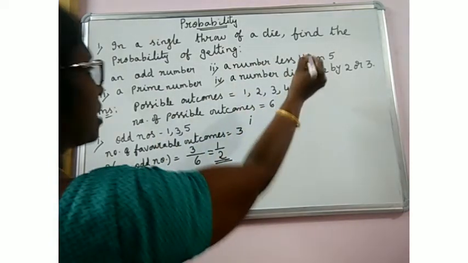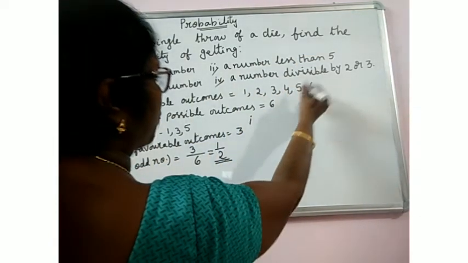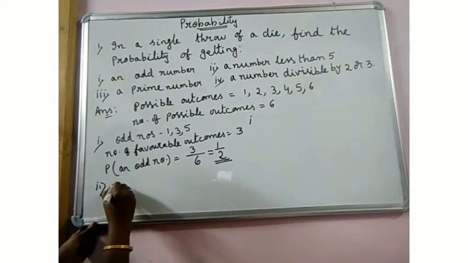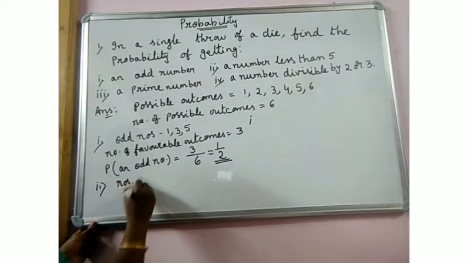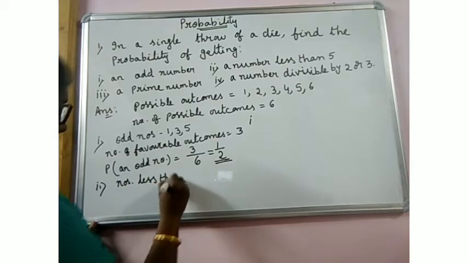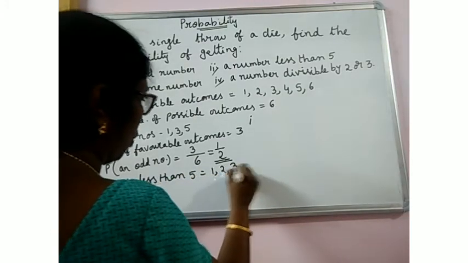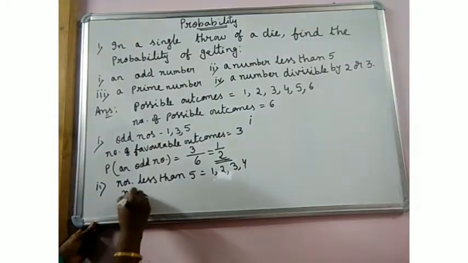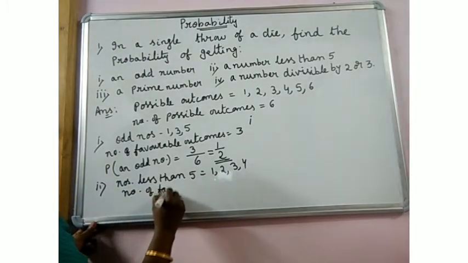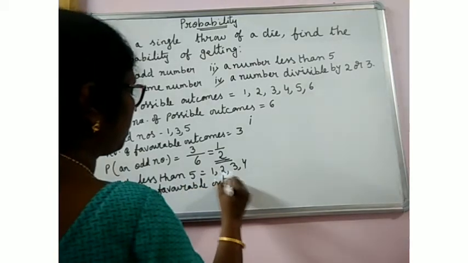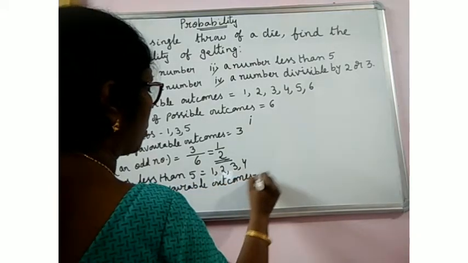A number less than 5. The numbers are 1, 2, 3, 4, 5, 6. A number less than 5 is 1, 2, 3, 4. Numbers less than 5 are the favorable outcomes: 1, 2, 3, 4. So the number of favorable outcomes is 4.